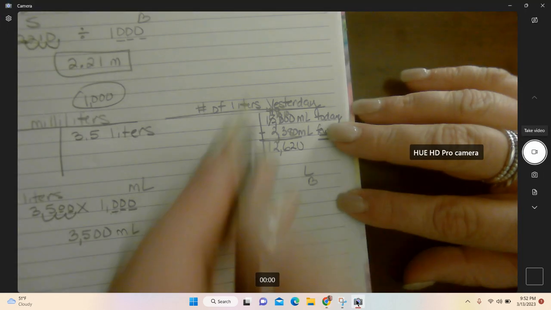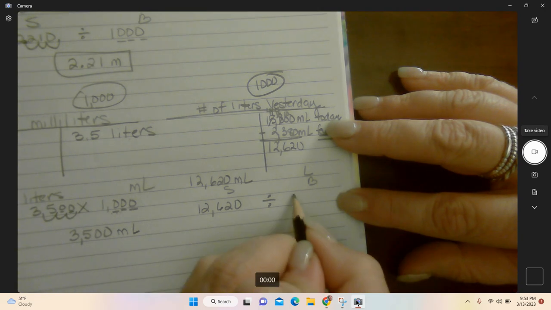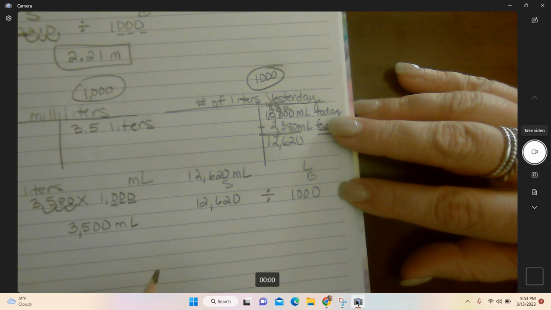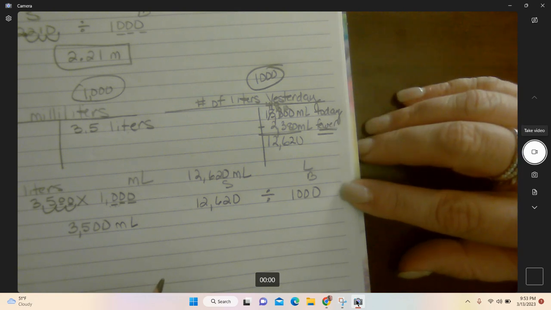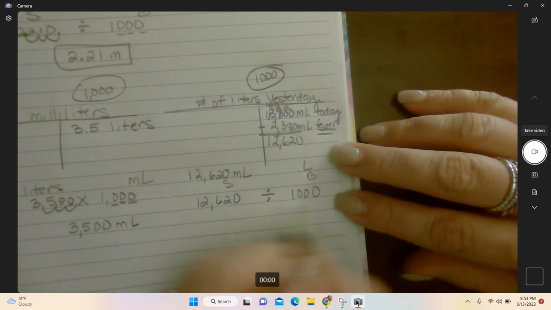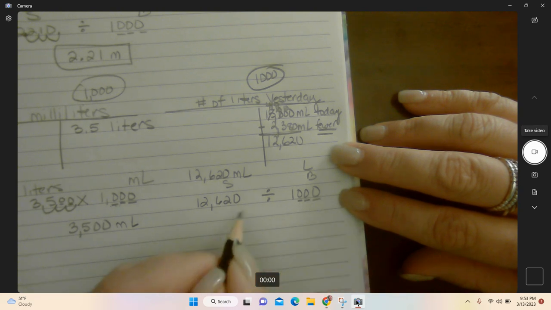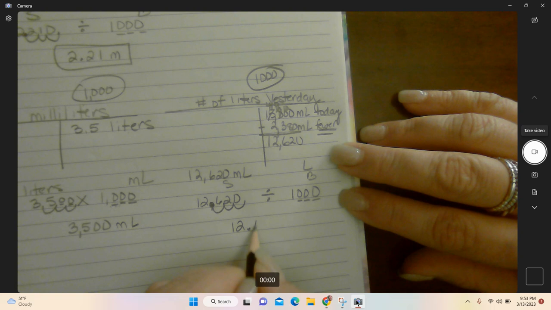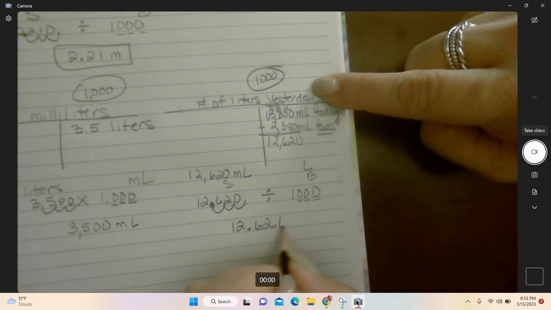I forgot to write that down, so let's make sure I do that. All right, divided by 1,000. And now dividing, move the decimal to the left. My decimal's here. I've got 3 zeros. So 1, 2, and 3. So instead of a comma, it's going to be 12 and 62 hundredths liters because I switched to liters.